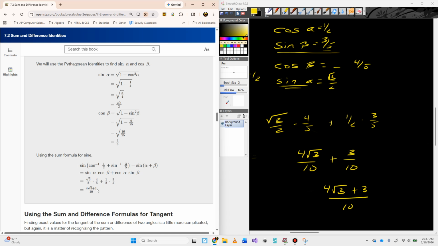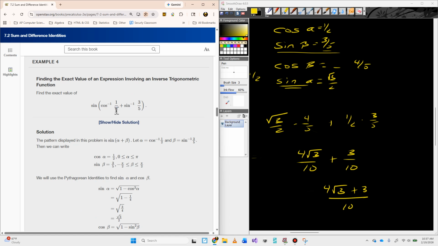And if we were to look at the answer that they gave us, that is in fact the answer that they have for that solution. Again, how did they find this out? Because the inverse cosine is an angle, and I need the exact value of that angle. That's what we've been doing. We're trying to find the exact value of the angle. Well, what is the angle of 1/2? I get that through the inverse cosine.